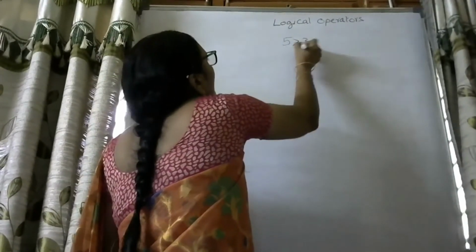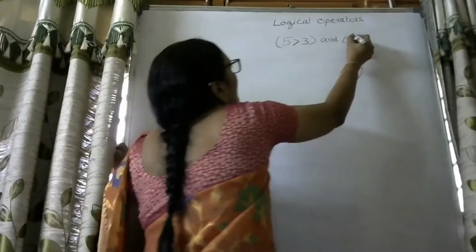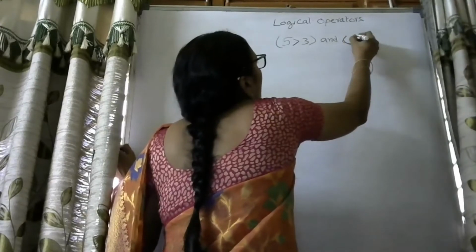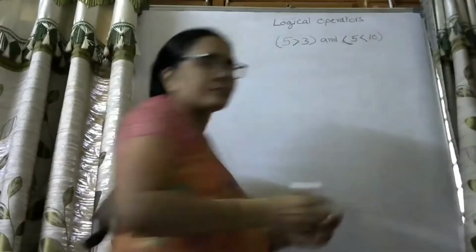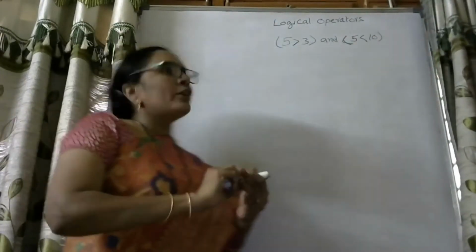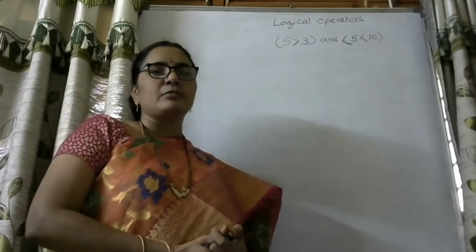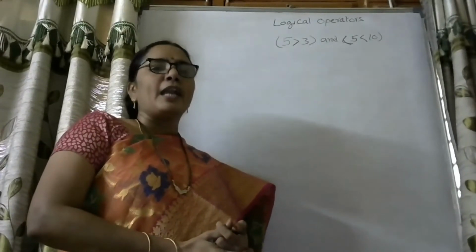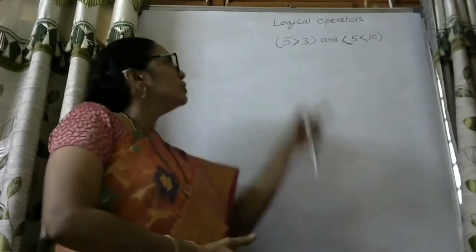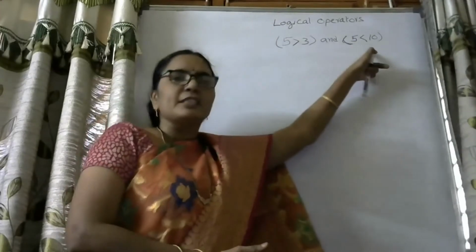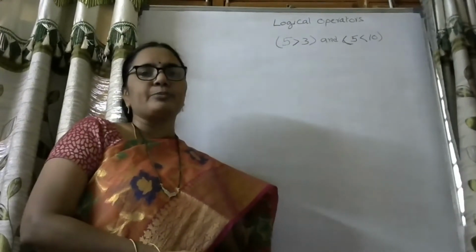5 is greater than 3 and 5 is less than 10. So I have said that logical operators combine the relational expressions, two or more relational expressions. So this is one relational expression, this is another relational expression, and "and" is a logical operator.